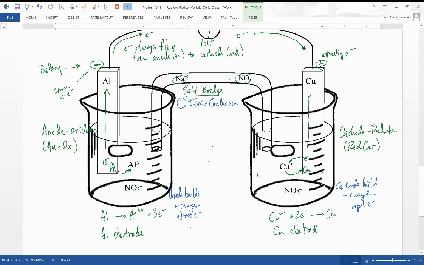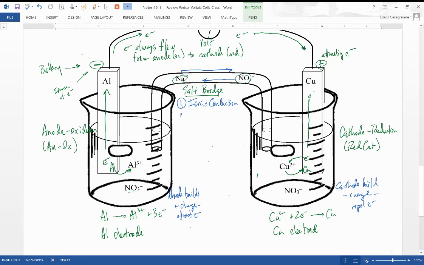In this case, the positive sodium is going to go to where the negative charge is building up. So the positive sodium is going to move to the right. The negative nitrate is going to move to the left in the direction towards the positive buildup of charge. So this is where we get the attraction that prevents the buildup of charge.